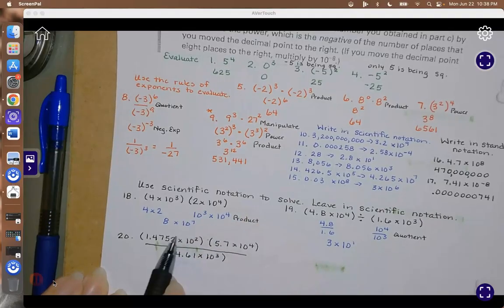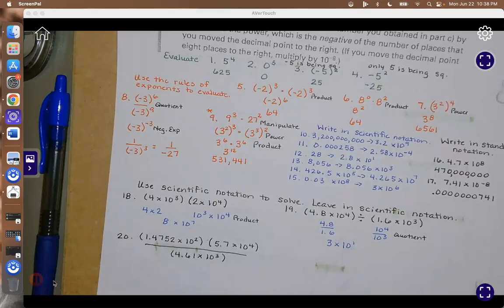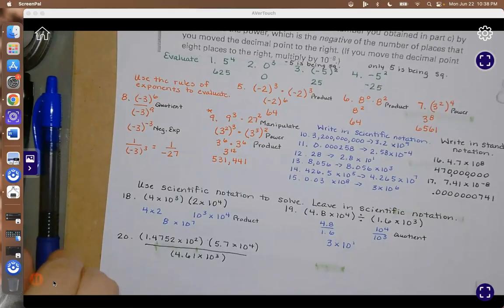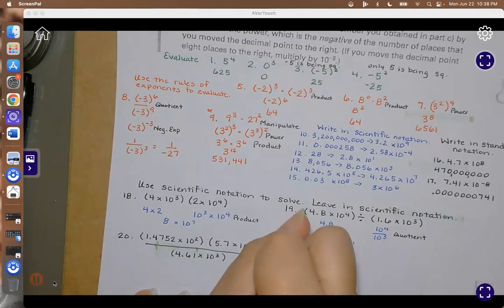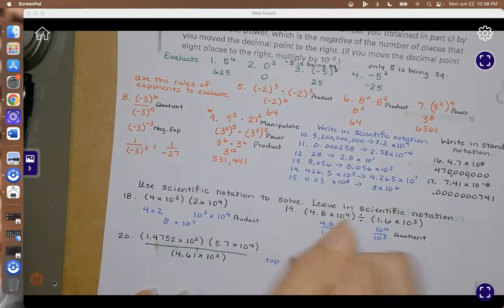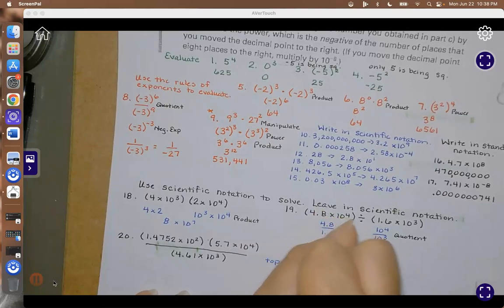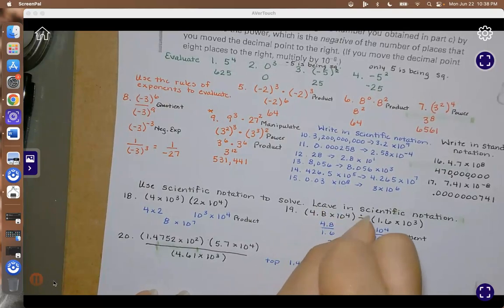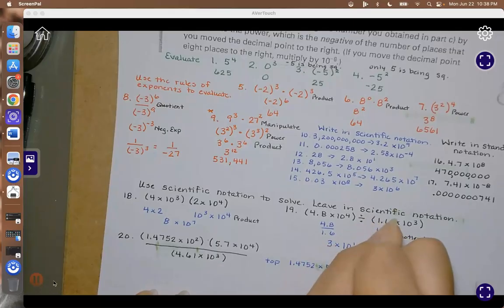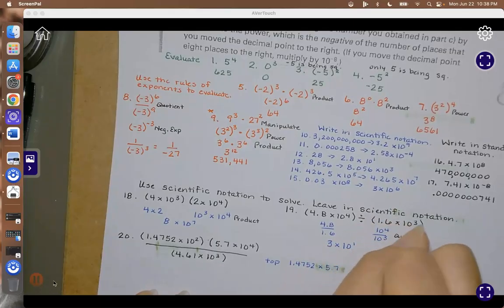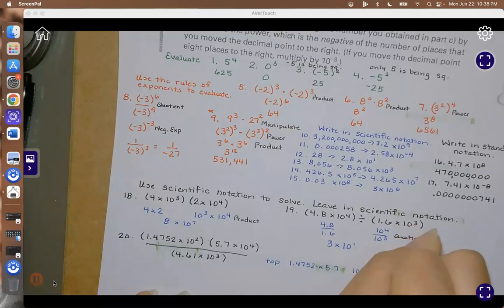So what we're going to do is work the top like we did here, and then that answer over this will be like this piece. Alright, so we're going to take this in stages. So we're going to work the top first. So we're going to do 1.4752 times 5.7, and we'll do 10 to the 2nd times 10 to the 4th.